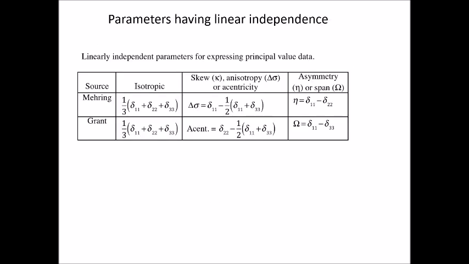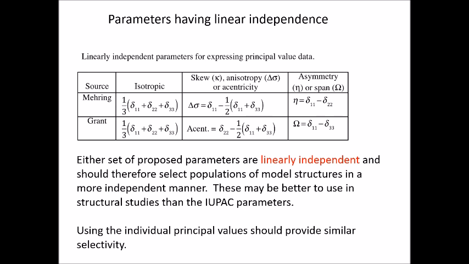Let's talk about these separately. If you look at just Michael Mehring and David Grant's recommendations, they have a nice property that they're linearly independent. If you use the mathematical test from linear algebra for linear independence, you can show that these all have this behavior of being linearly independent. This is nice because it has the same behavior as the individual principal values. You should be able to select model structures in an independent manner because these different parameters are not weighted by one another.